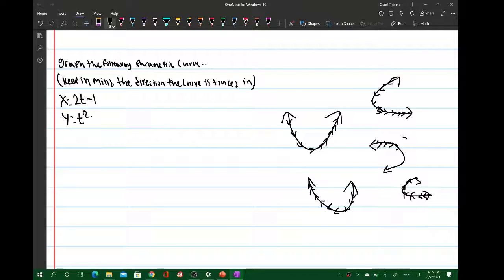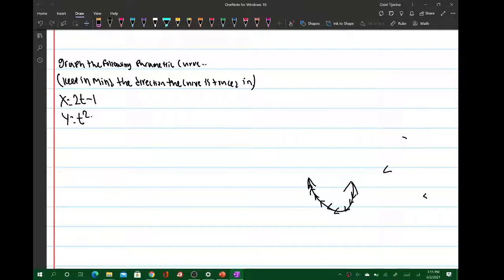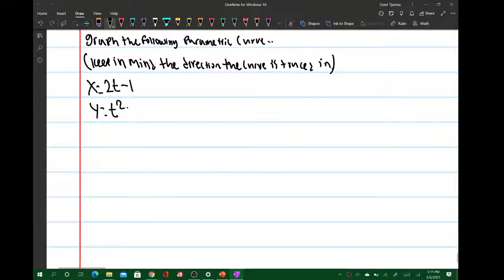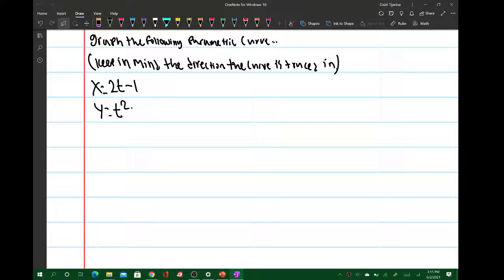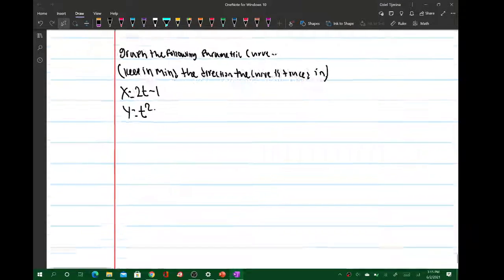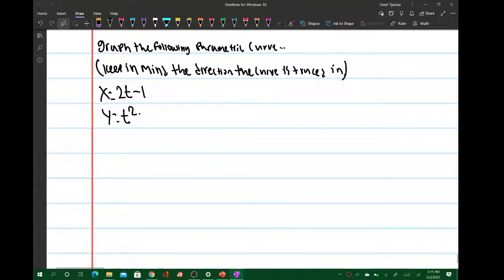So there's many ways to do it, but in this specific example, I'm going to do a table, and depending on whether t is increasing or decreasing, and how the shape of the curve looks, we will be able to draw our arrows, okay?